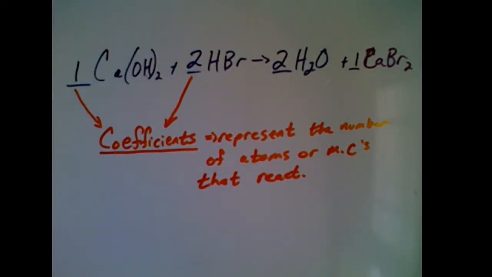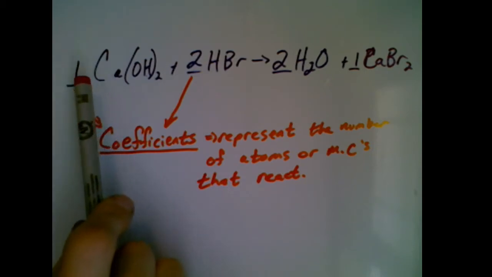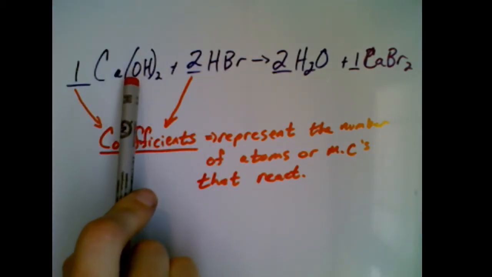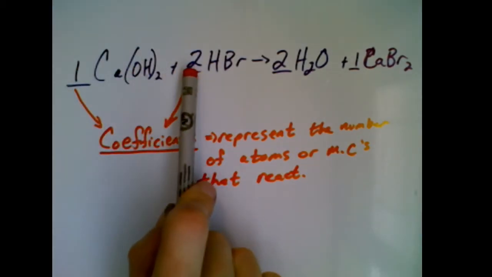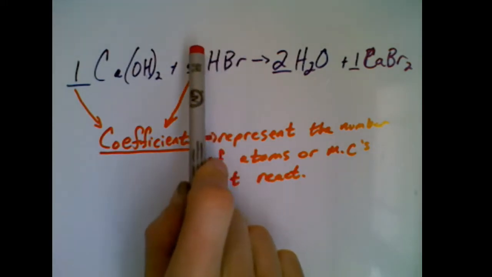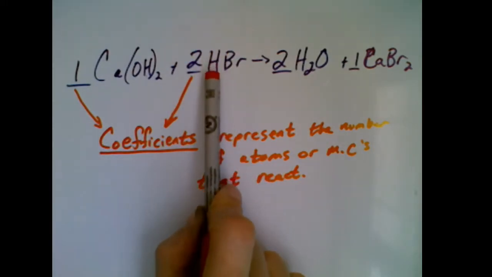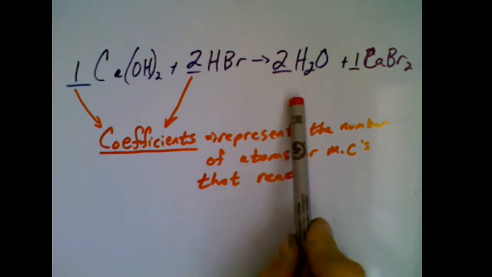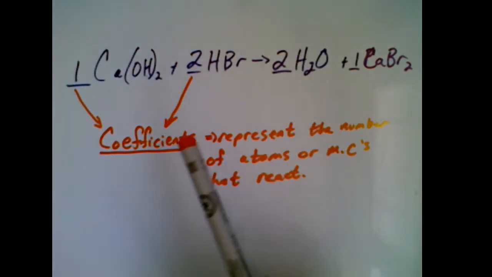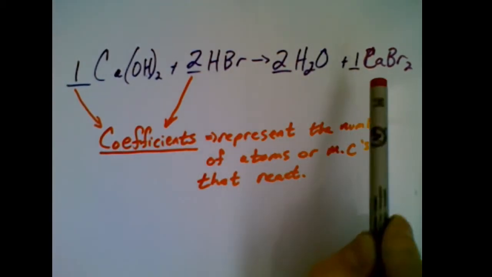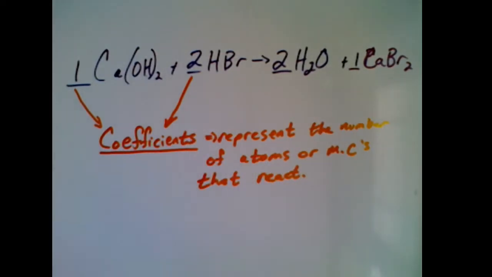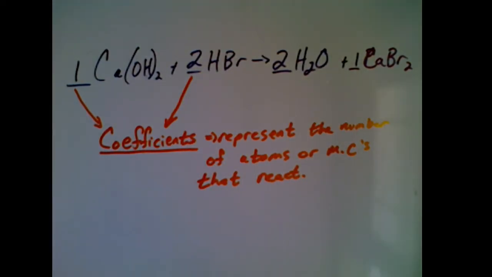So what I'm really saying is for every 1 calcium hydroxide, there needs to be 2 hydrobromic acids that react. That is actually going to make 2 molecules of water and 1 molecule of calcium bromide.